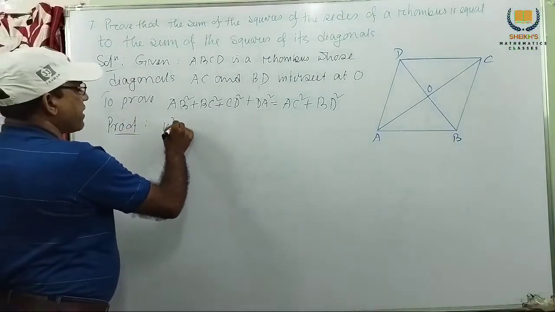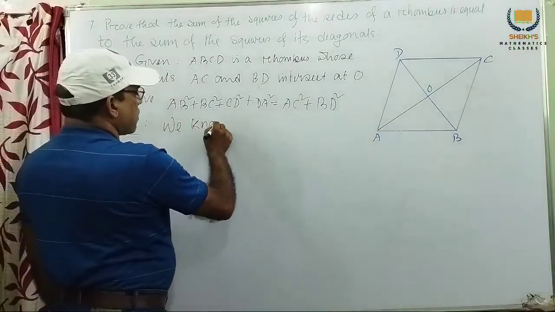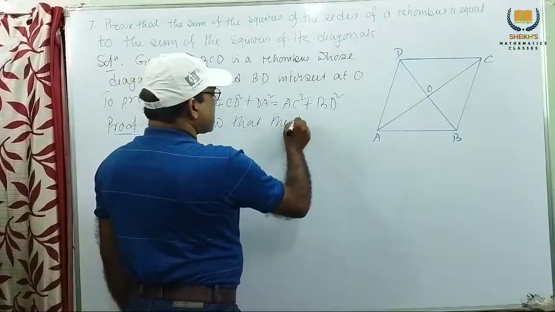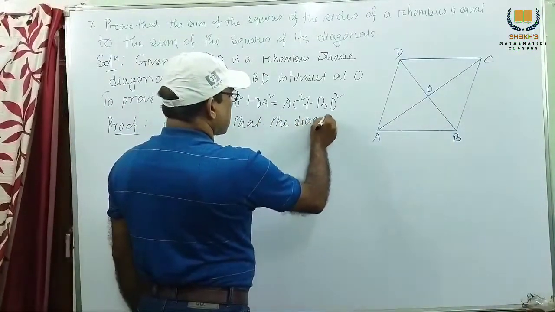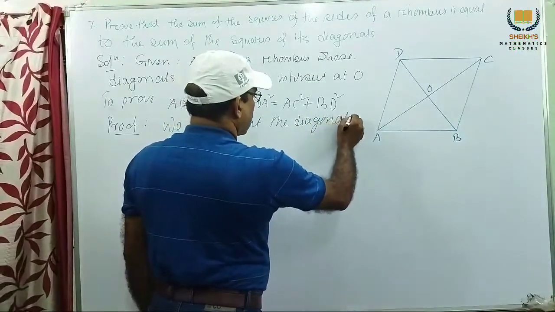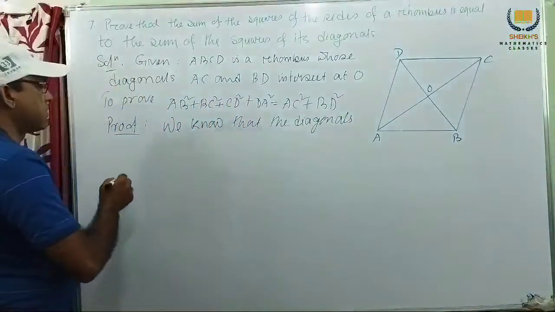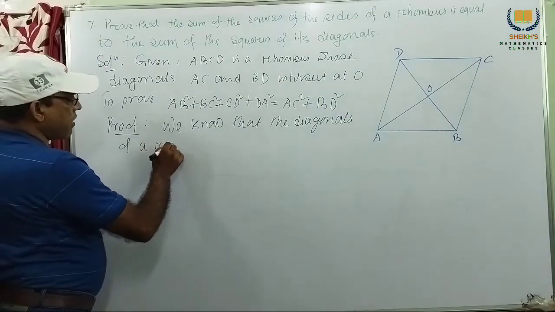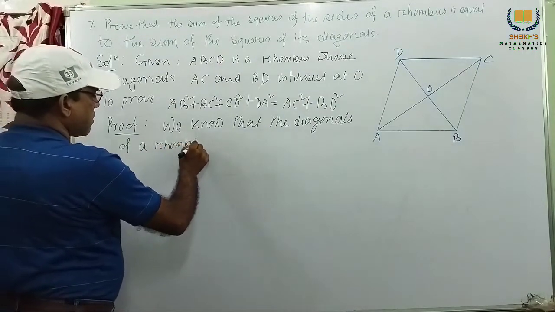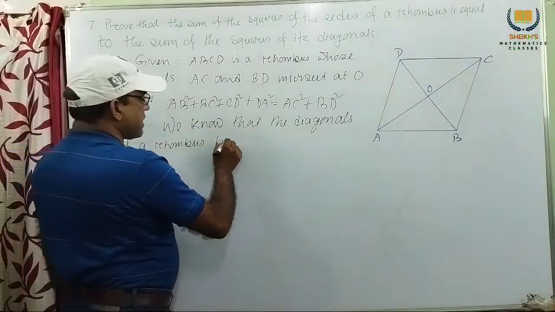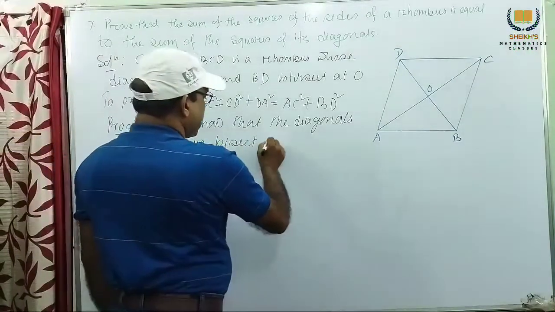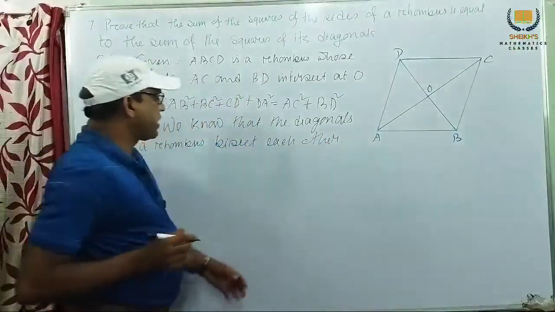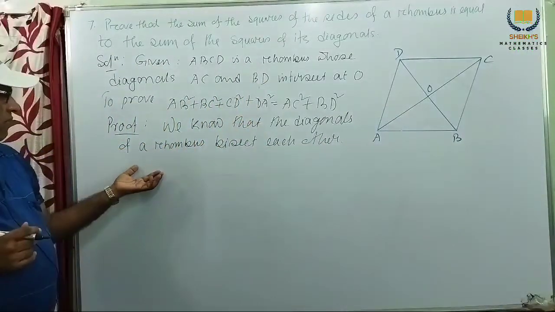We know that the diagonals of a rhombus bisect each other.